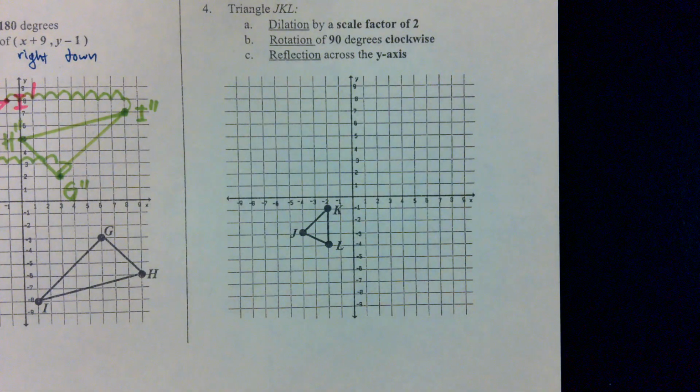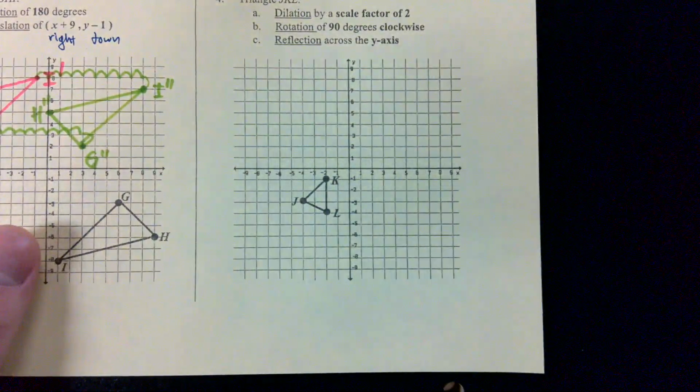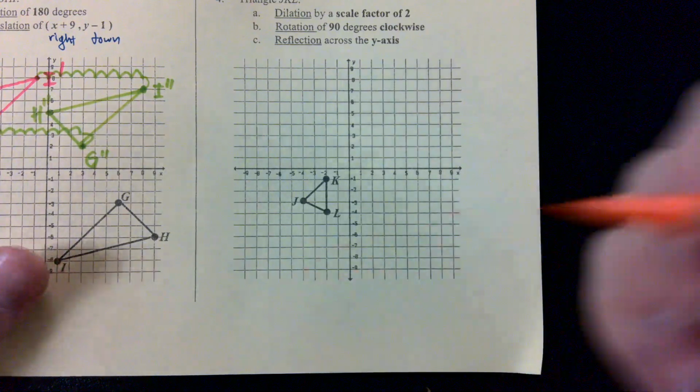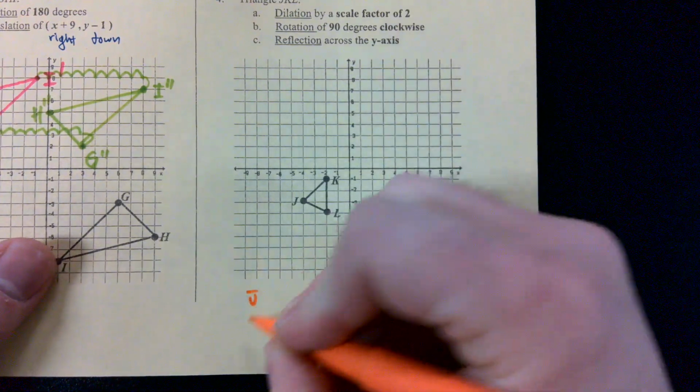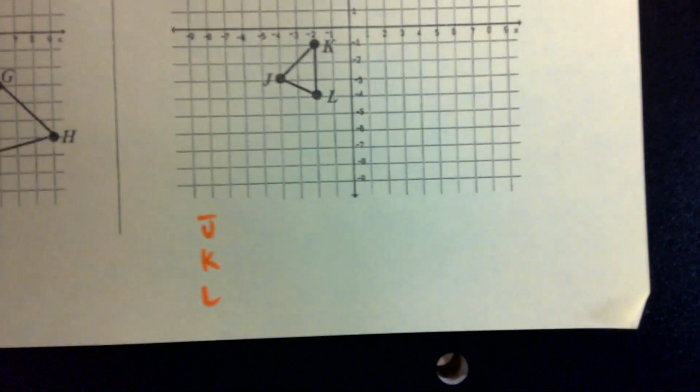Dilating. Is there a trick that we can use to dilate this shape without writing out our coordinates? That silence is a no. That's absolutely right. We can't. We have to write out the coordinates and figure out what our prime coordinates are going to be. Dilations are the only transformation where that's the case.